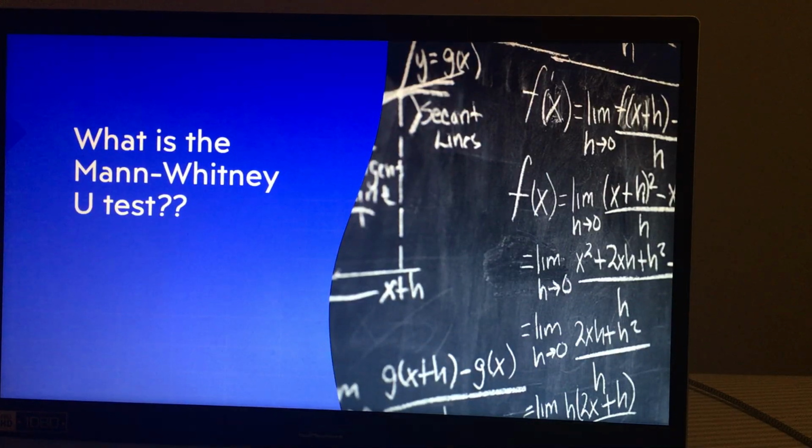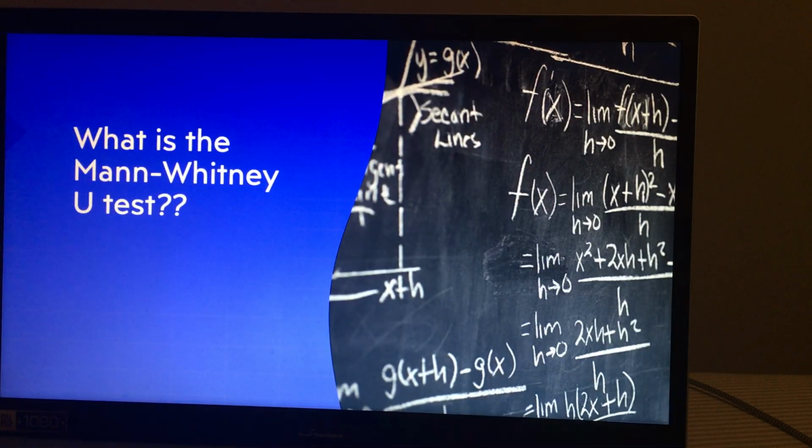So in summary, non-parametric tests like the Wilcoxon and the U-test provide valuable alternatives when the assumptions of parametric tests like normality of the sampling distribution are violated.